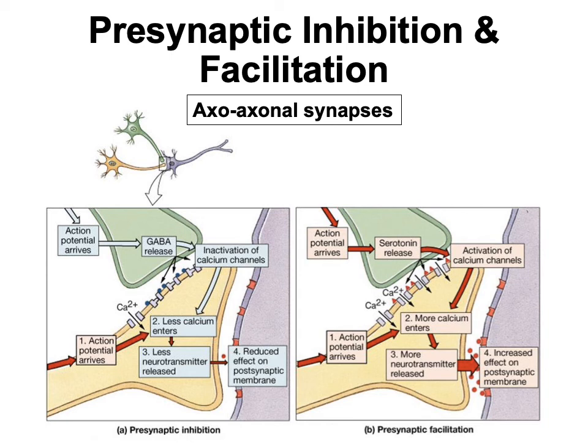And that'll allow more calcium to enter the axon terminal. The amount of calcium within an axon terminal is proportional to the amount of neurotransmitter release, and that will facilitate a lot of neurotransmitter being released at that particular synapse.